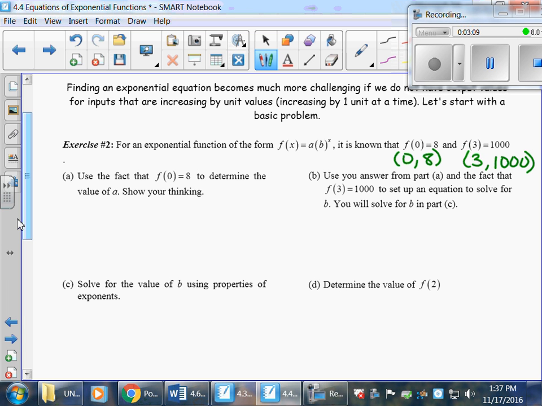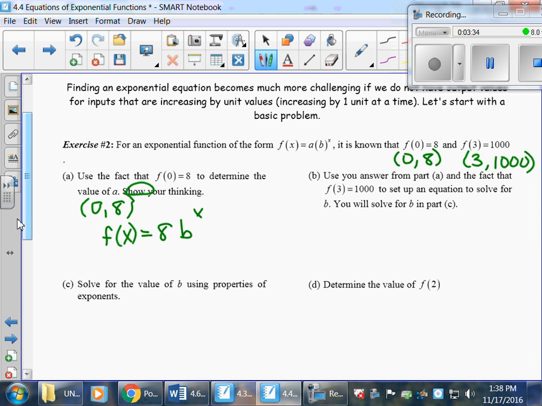Use the fact that f of 0 equals 8 to determine the value of a. Show your thinking. I feel like there's not a lot of thinking to do here because (0, 8) is my y-intercept. So therefore, I have f of x is equal to 8 times b to the x power.